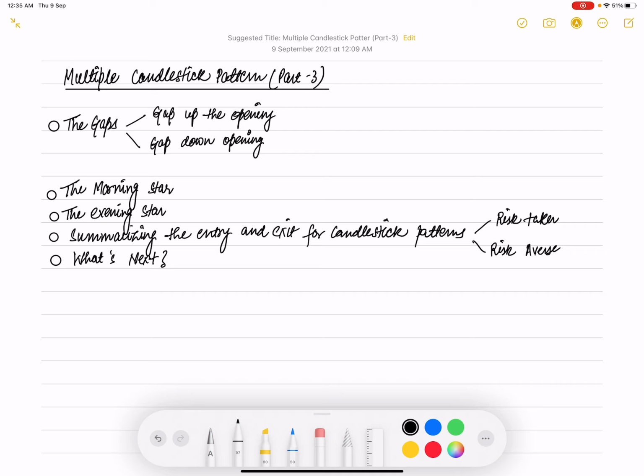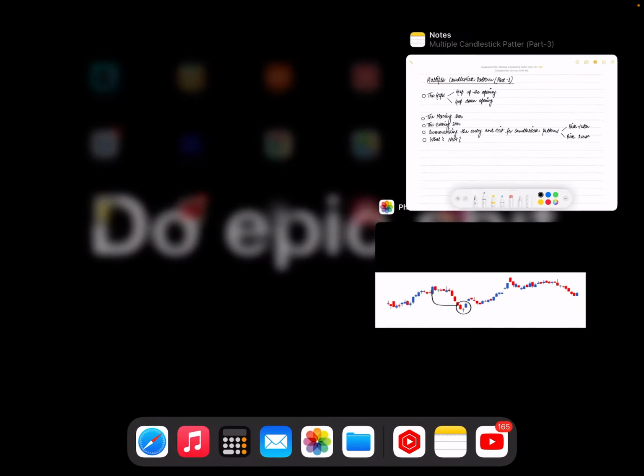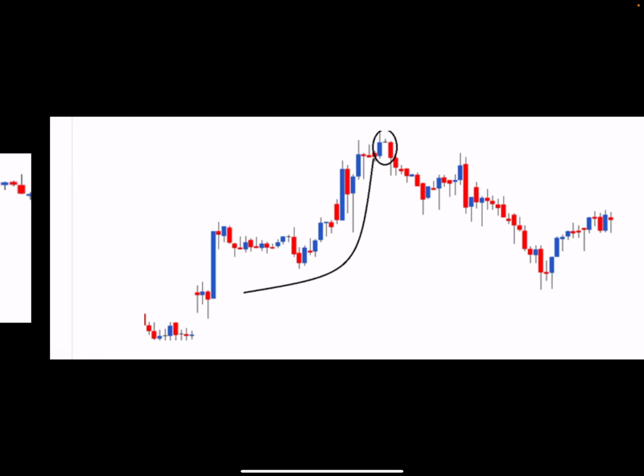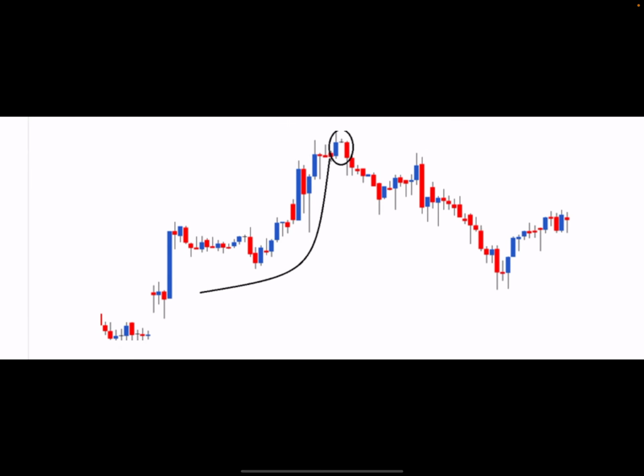Like the morning star, the evening star is a three candle formation and evolves over three trading sessions. The reason to go short in an evening star is that the market is in an uptrend, placing the bulls in absolute control.